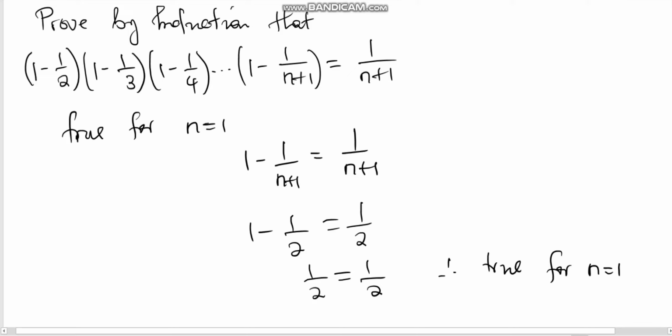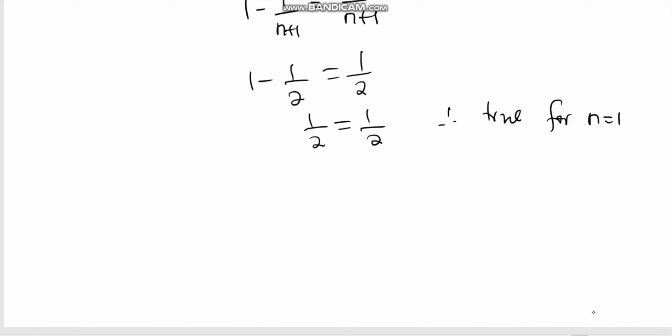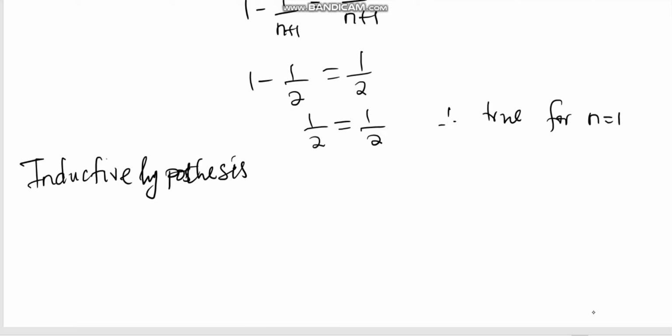So we go to the next step, which is the inductive hypothesis. So in the inductive hypothesis, we make an assumption. We assume that it's true for n equal to k.